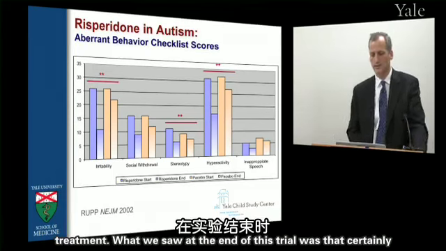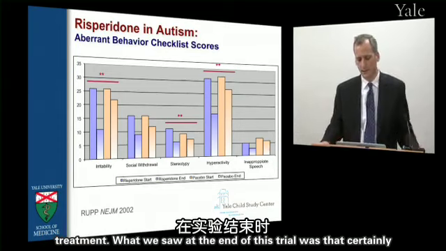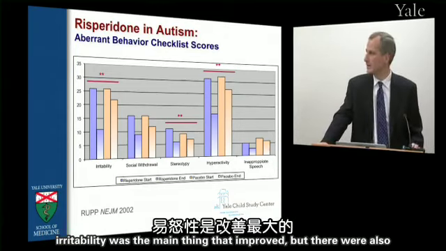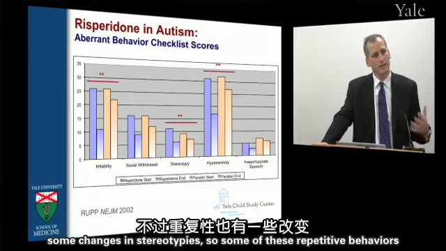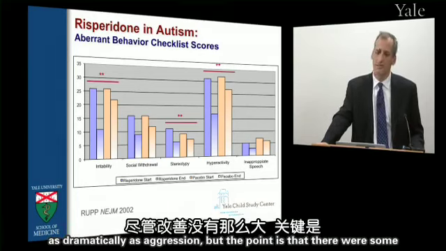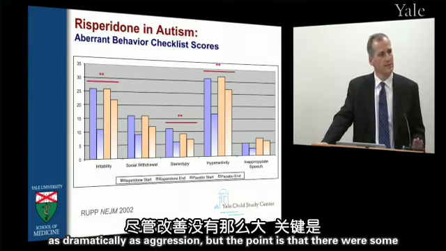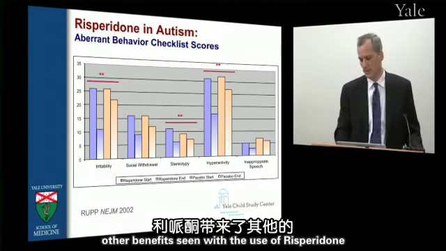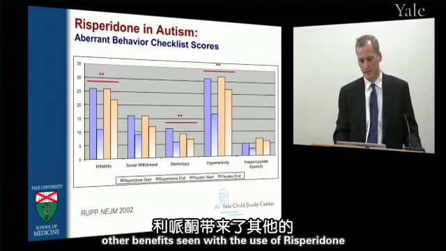Certainly irritability was the main thing that improved, but there were also some changes in stereotypy. So some of these repetitive behaviors also got better, and some of the hyperactivity also got better. Not quite as dramatically as aggression, but there were some other benefits seen with the use of risperidone in these kids.